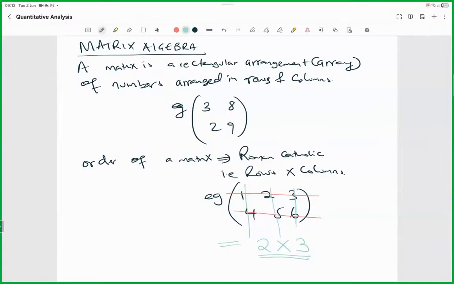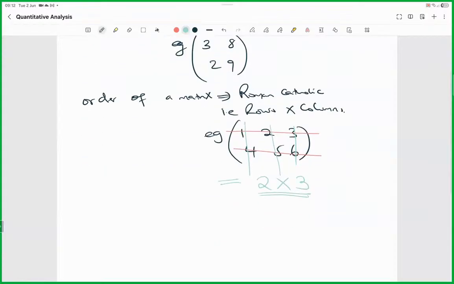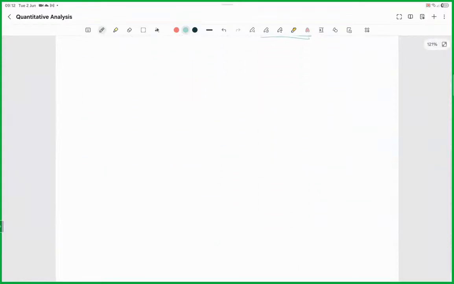Now we have many types of matrices. You have what we call a row matrix.